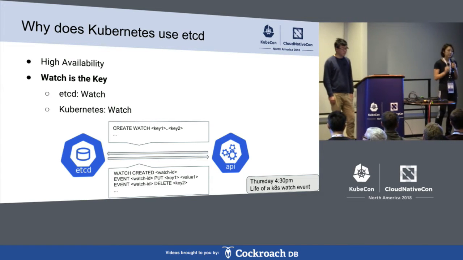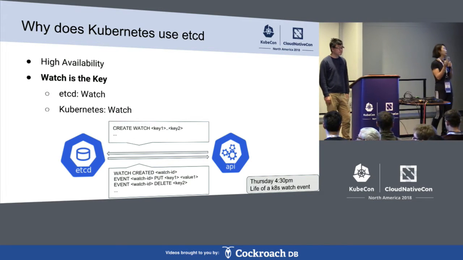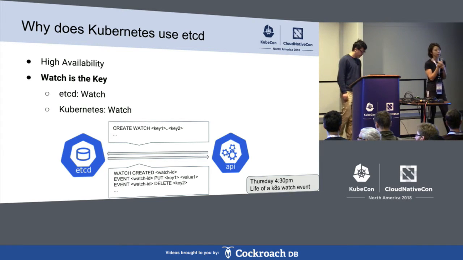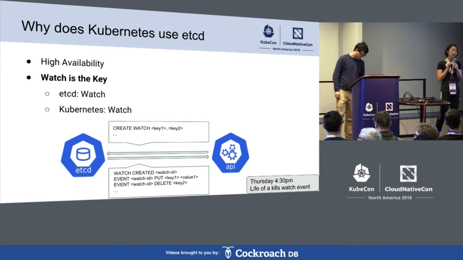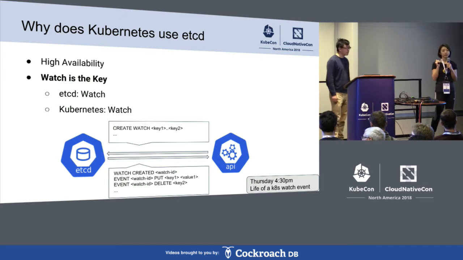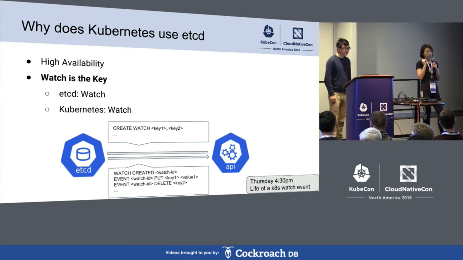And how does Kubernetes do the watch? It uses the etcd watch feature. etcd's watch feature implements an event-based interface for asynchronously monitoring changes to the keys.